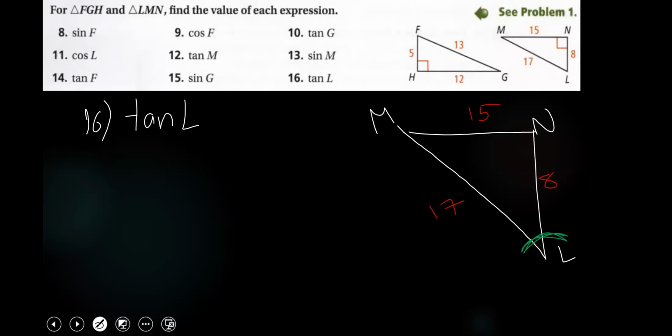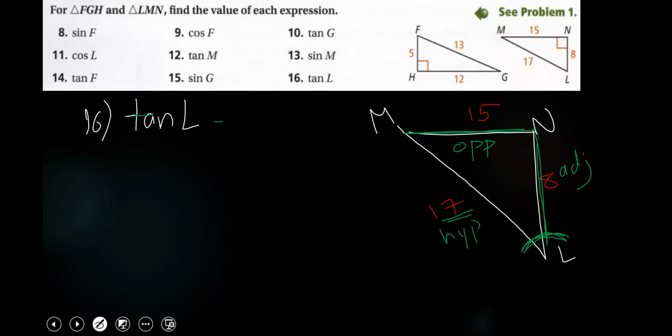Which side is opposite to angle L? 15. 15, bravo. Now, where is the side that is adjacent to angle L? 8. 8, bravo. And what is 17? Hypotenuse. Thank you, Yara.